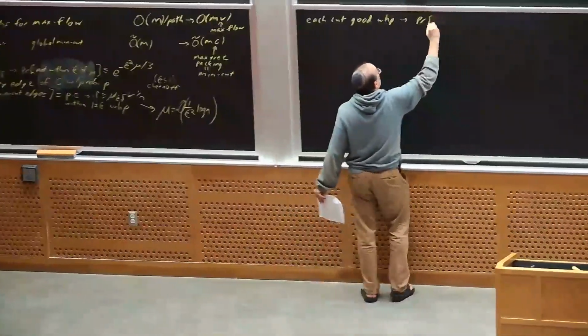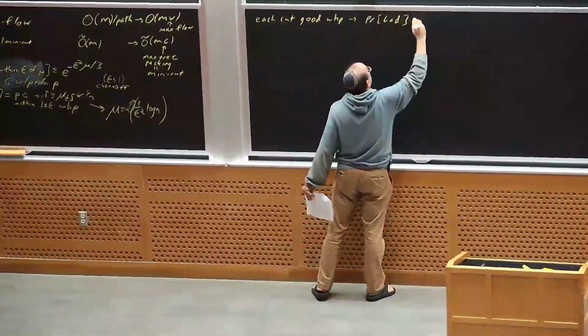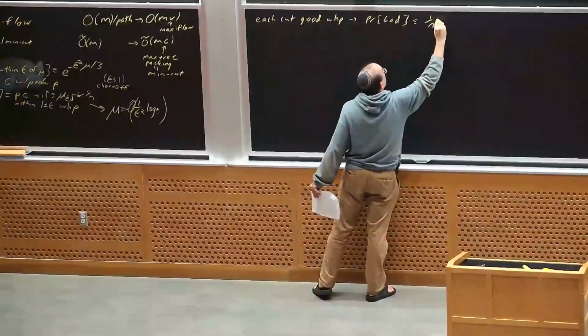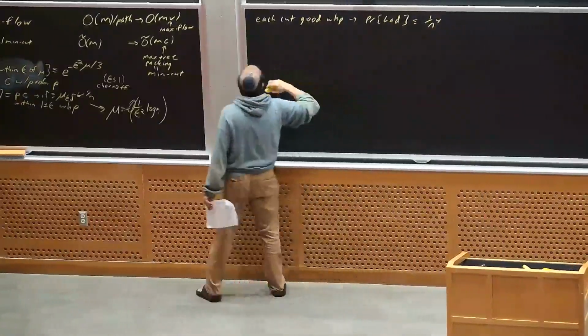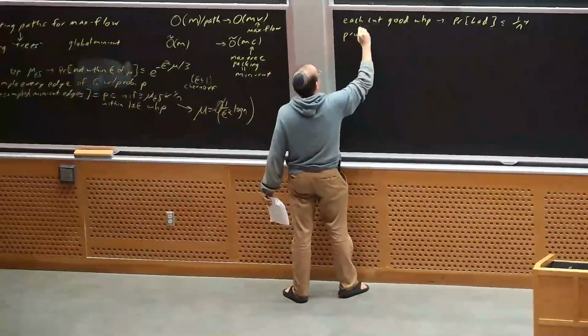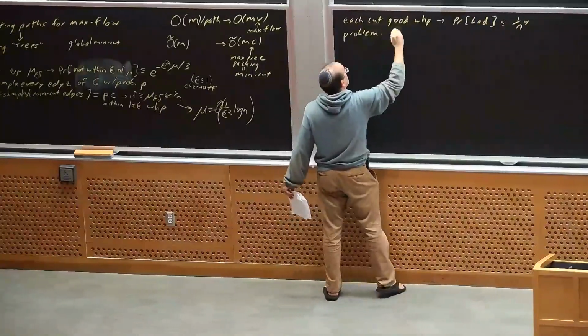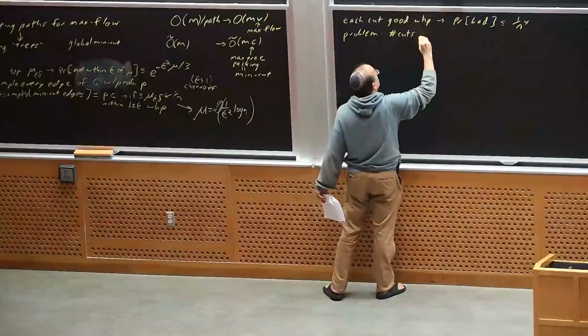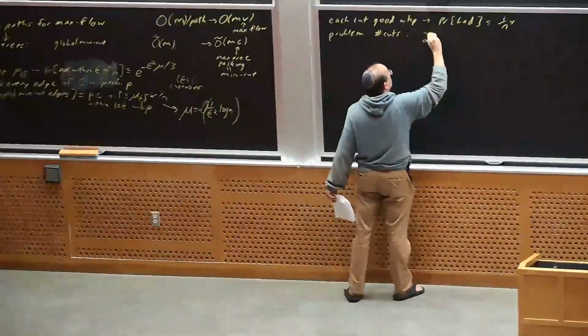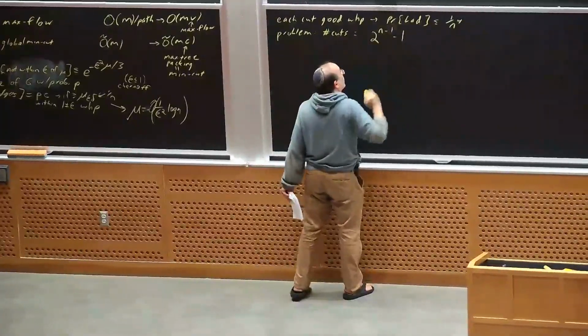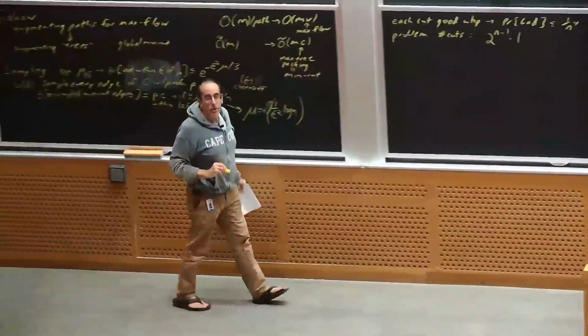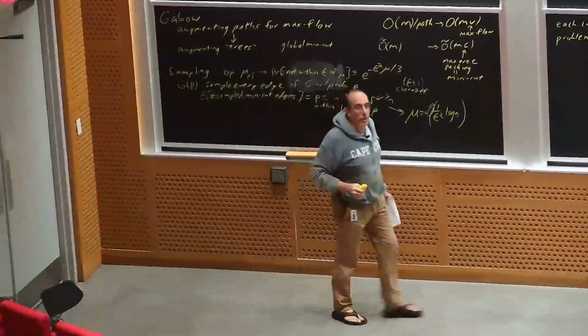In other words, the probability that something goes wrong with a particular cut is less than 1 over n to the 4th, or whatever other number I want, right? The problem is that the number of cuts is equal to, if I want to be really precise about it, 2 to the n minus 1 minus 1, right?